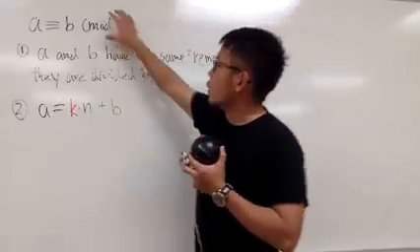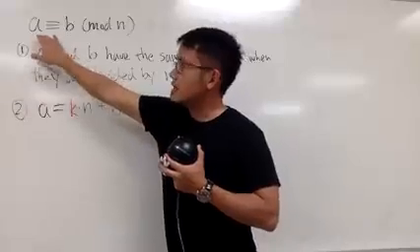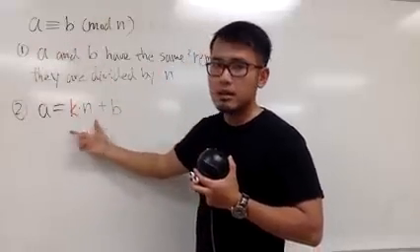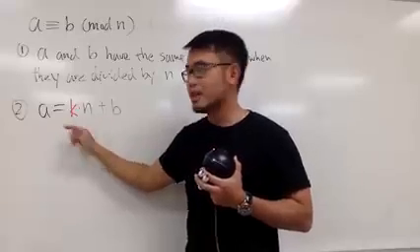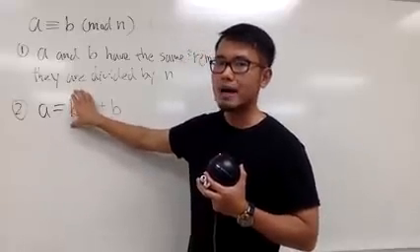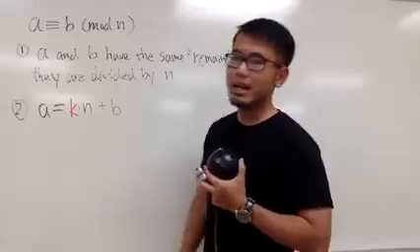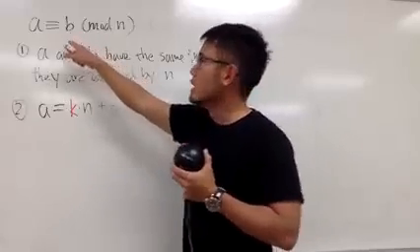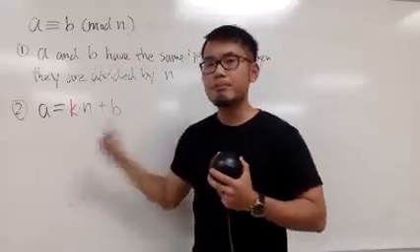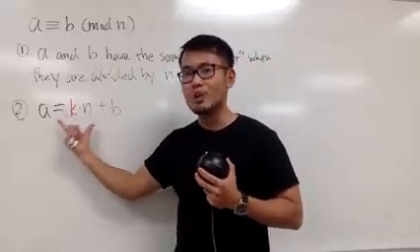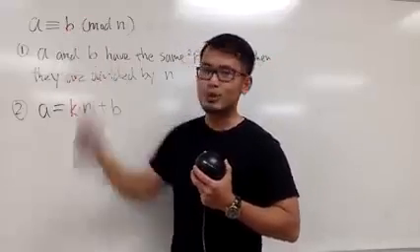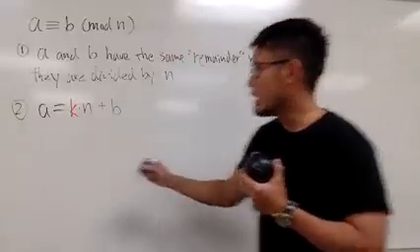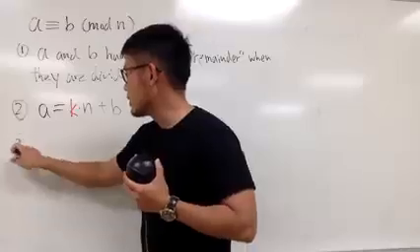You see, when you mod n, this right here stays as A. When you have k times n mod n, this is always going to be a multiple of n, so it becomes 0 in the mod n world, and then you're left with the b right here, okay? Sometimes it may be helpful to go from here to here, because here you're working with an equation rather than a congruence. So that's another way to interpret, another way to approach a congruence.